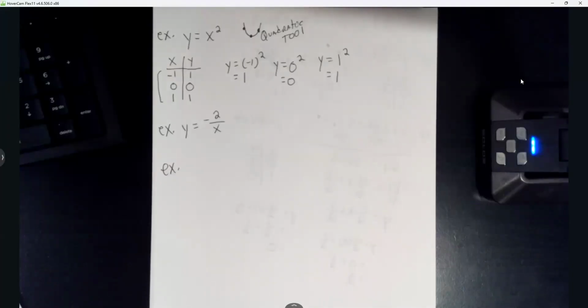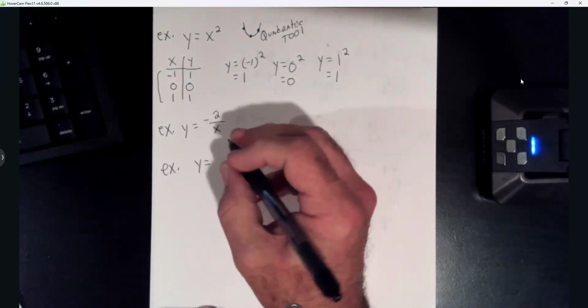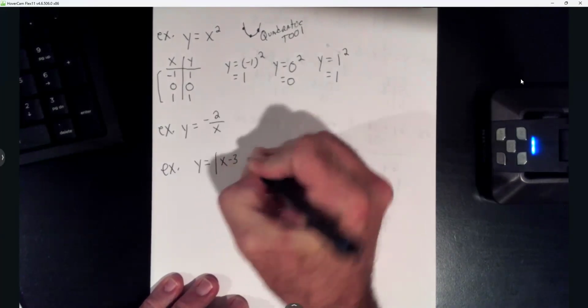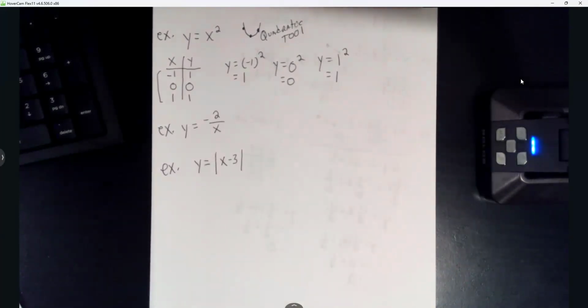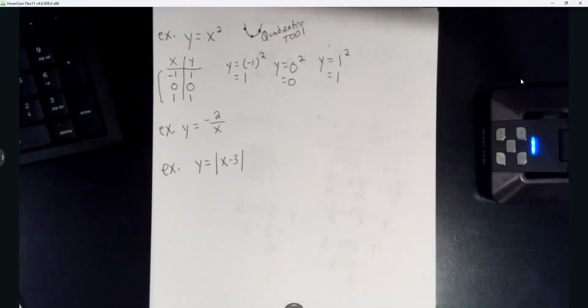All right, y'all. So tell me what this one is. Y equals, it's a bar and then an x minus 3 and then another bar. So y'all, what do these bars actually represent on this function?